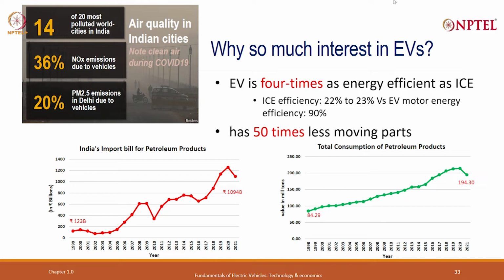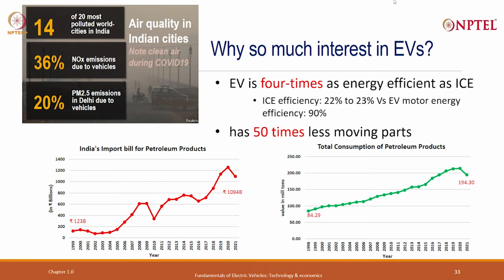But basic IC engines are not more than between 20 to 24%. We start in electric vehicle at 90%. Motors and controllers are 90%. So, that is one big advantage. We will use 4 times less energy when we move to electric vehicles.